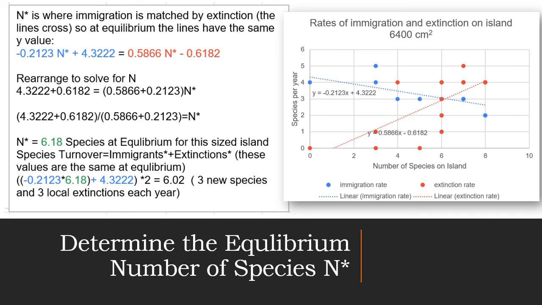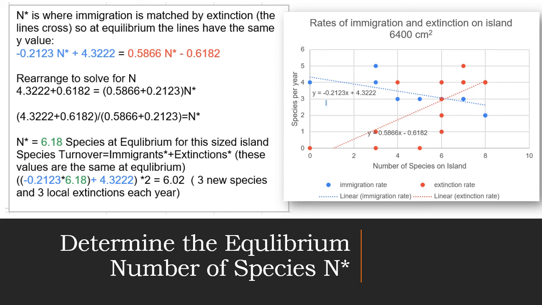This is the data for my island that was 6,400 square centimeters, and you can see my lines cross on the graph, so I can calculate where they cross, where those two equations or those two lines are equal for the y values.